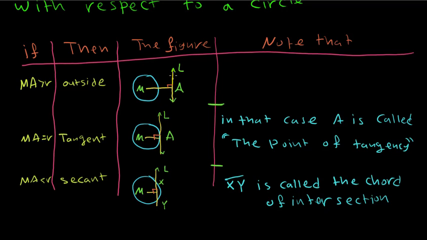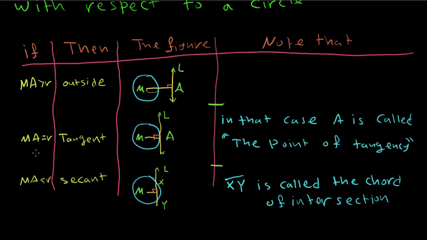So if we have a straight line and a radius, or an extension of a radius, and both of them are perpendicular, then if L is outside, the length of MA will be more than R. So you can note that MA is more than R.